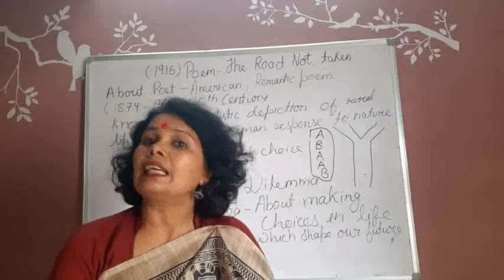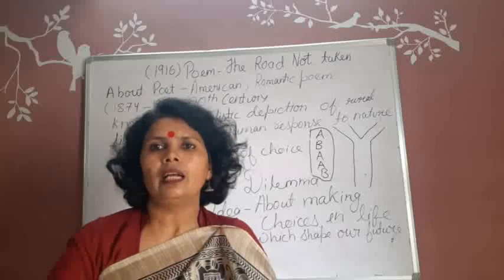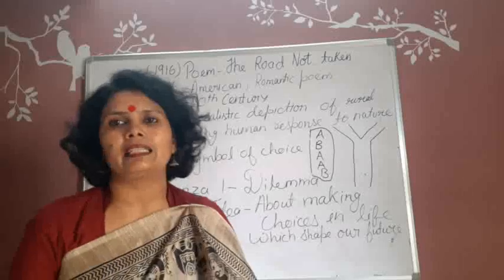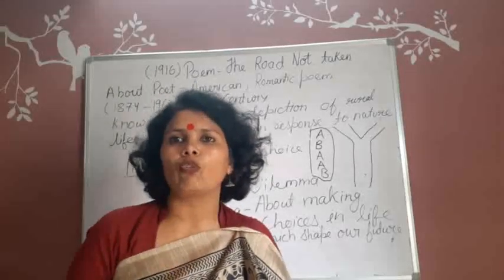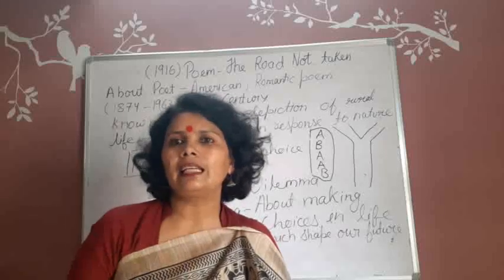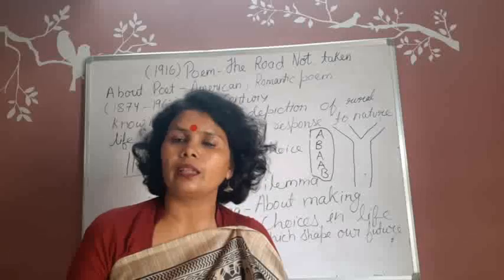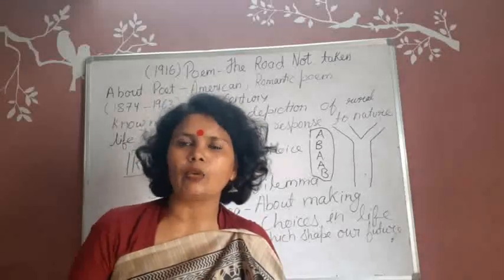So again there is a confusion, because he is selecting one road on the basis of certain criteria, that it is grassy and it has been less traveled, that's why the leaves are not worn out or crushed, and suddenly within a few seconds he is thinking that, oh, both the roads are similar, they had been equally traveled, they had been equally worn out by the traveler.